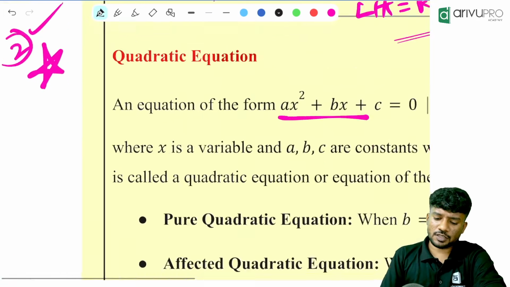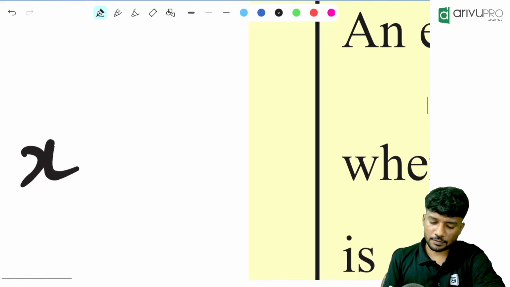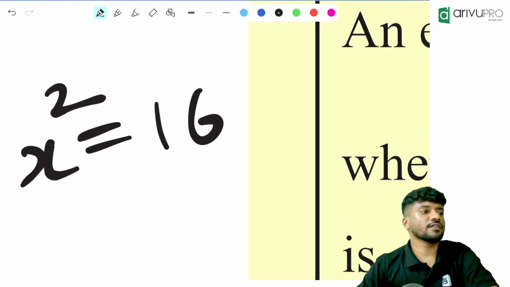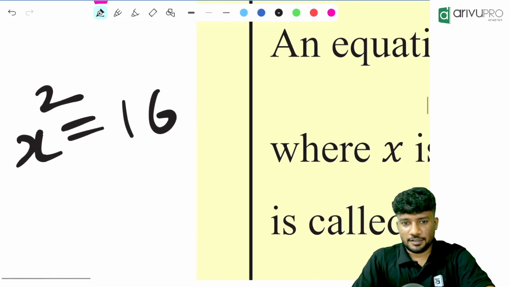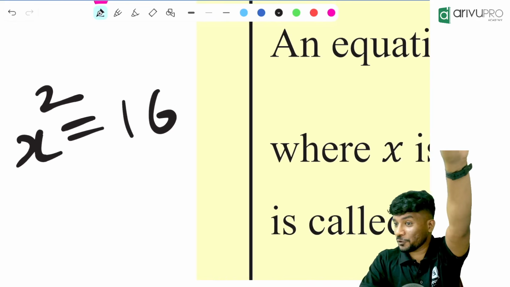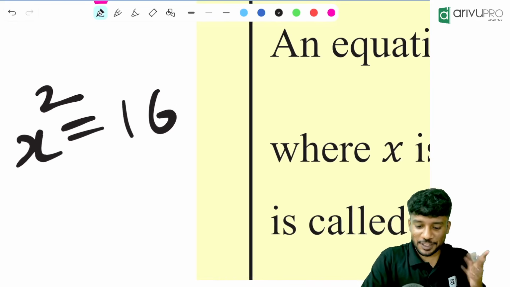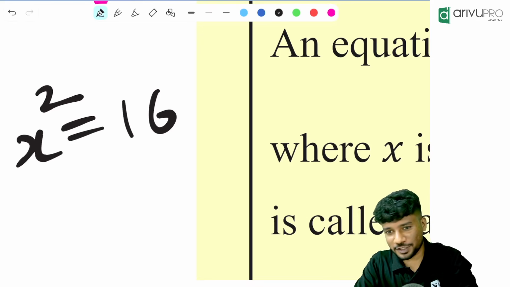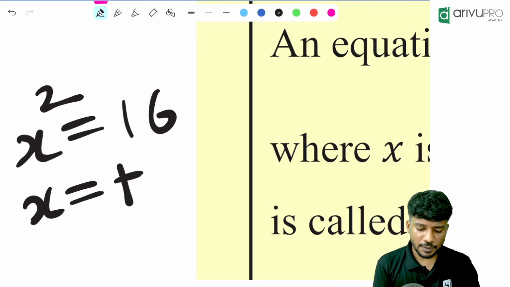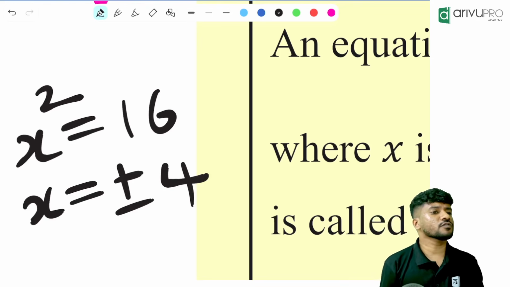Now one question for everyone. X square is equal to 16. What is the value of x? X is equal to how much? Till now you were taking it as always equal to 4. In all the other chapters we took x is equal to positive 4. Correct? Now if you ask me, x can have 2 possible values, plus or minus 4. Why plus or minus 4?